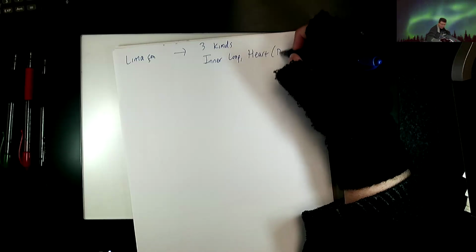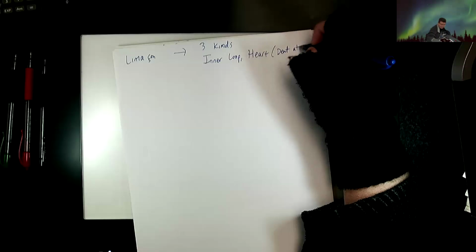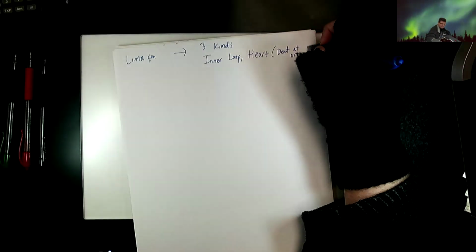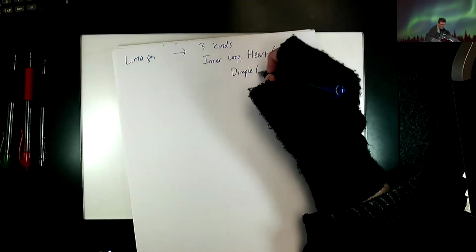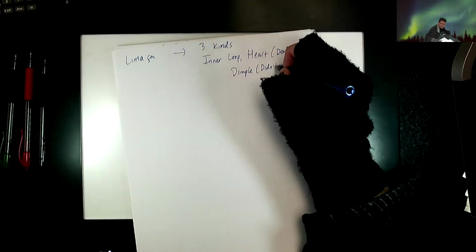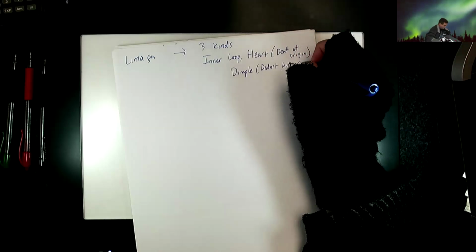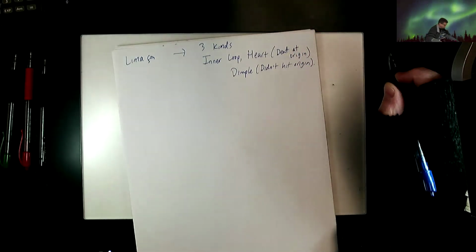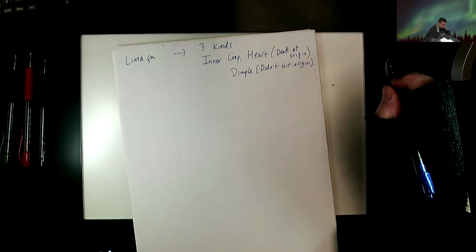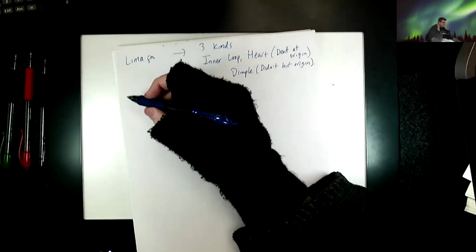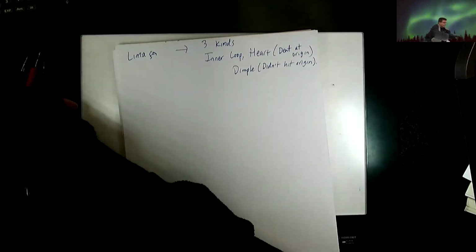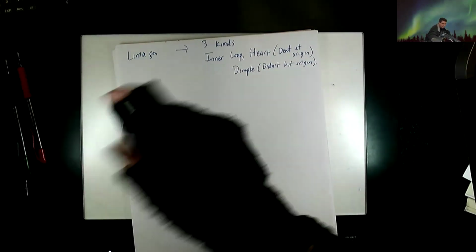The dent is at the origin. And we also had one that made a dimple and didn't hit the origin. Trying to remember these is not worth your time, remembering which one's which.